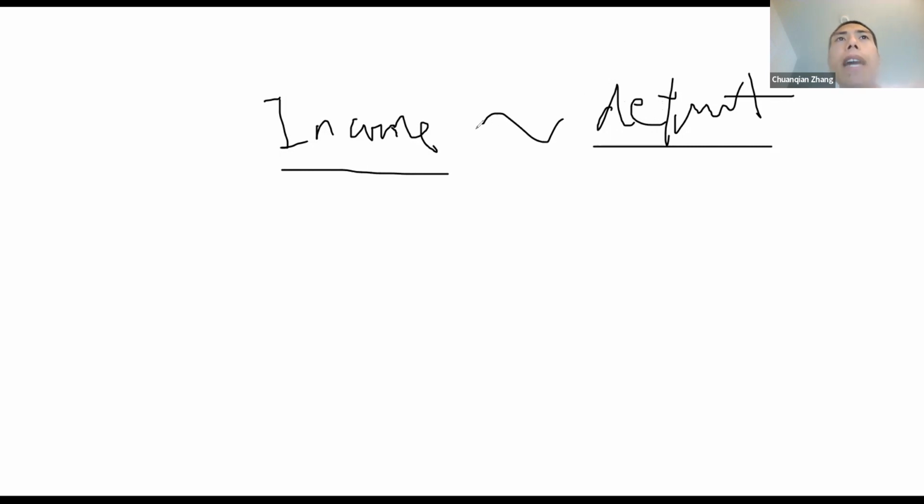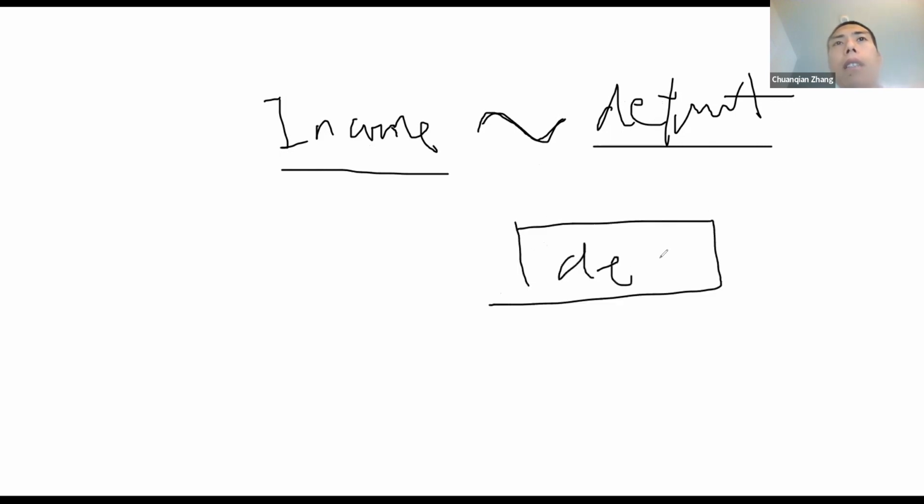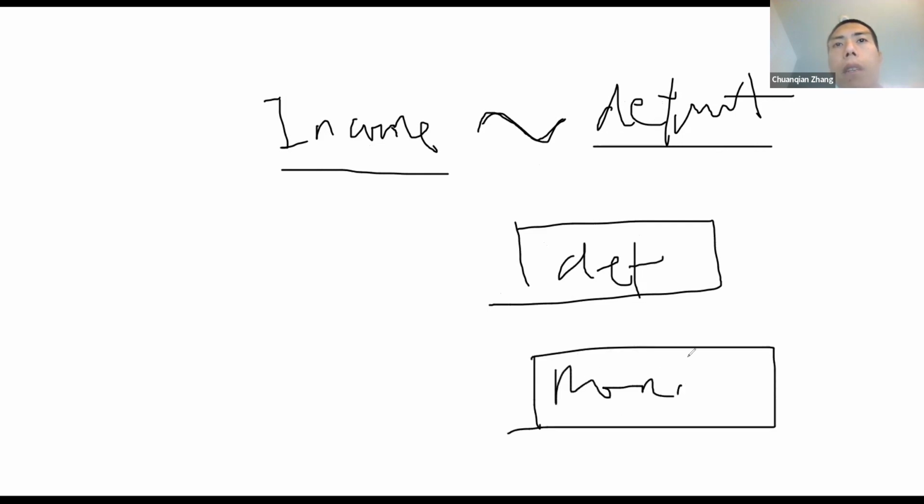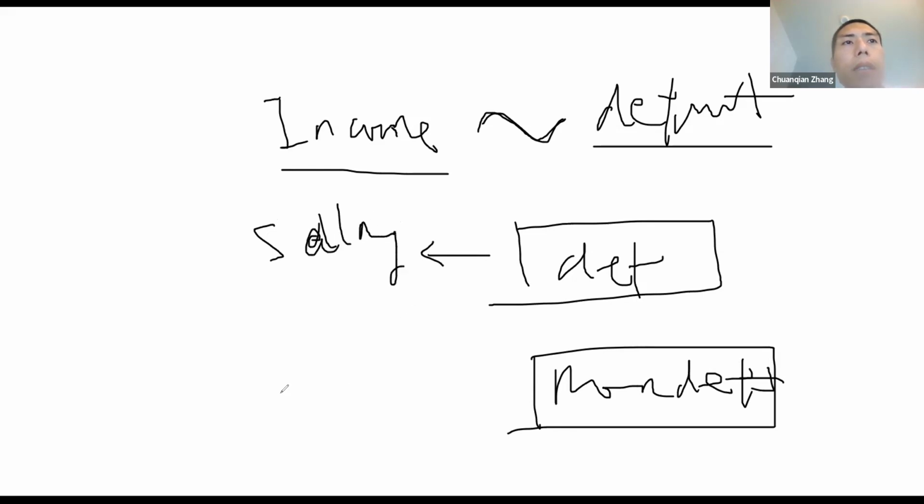But without any regression, if you really want to relate income to default visually, you can do this. I basically can summarize default and non-default, and I can check what their salaries are.